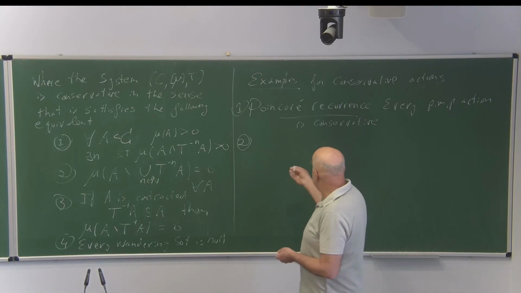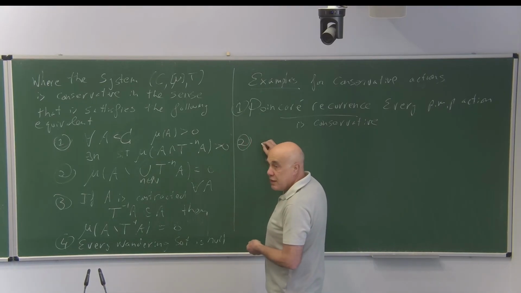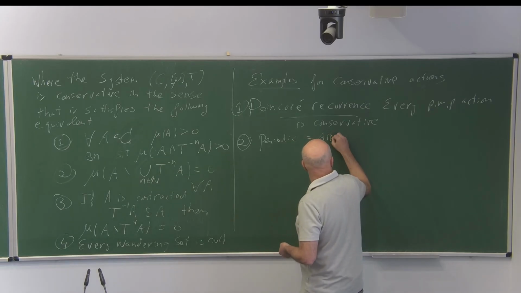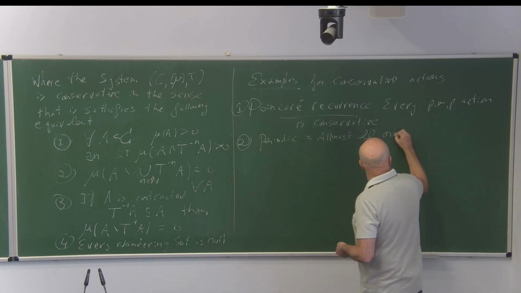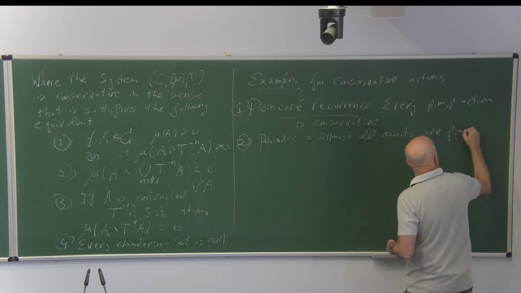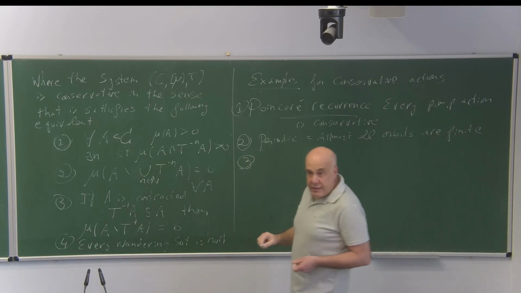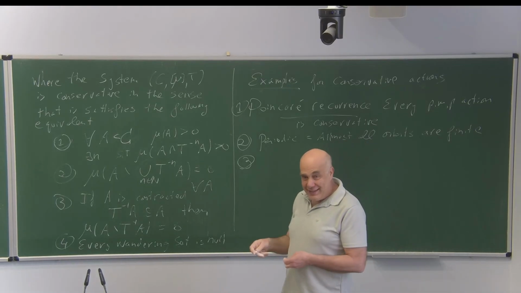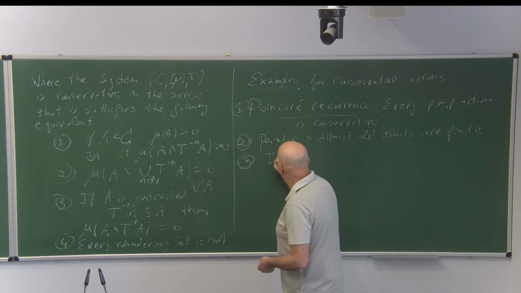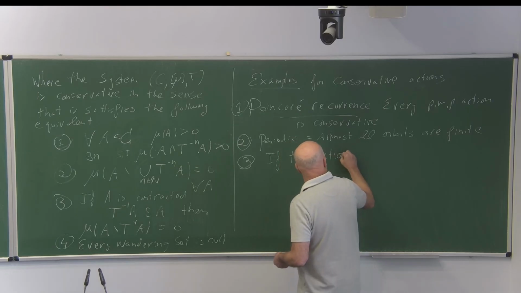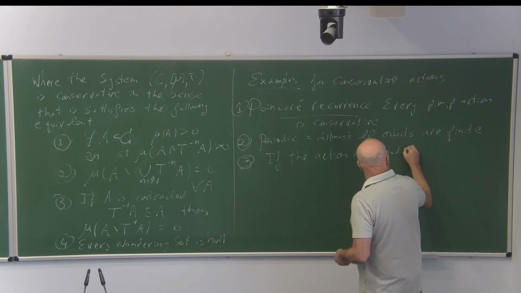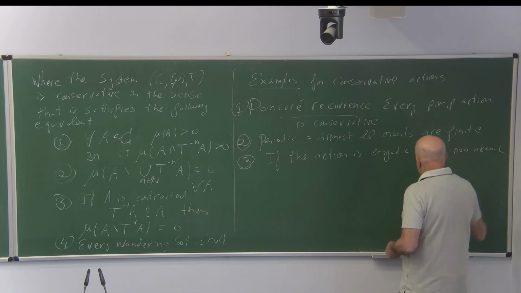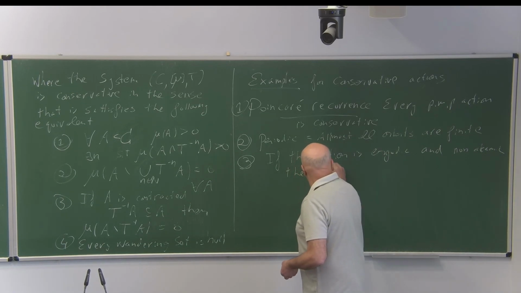Another setting which gives rise to conservativity is the periodic action: all orbits are finite, or almost all. And the third setting which implies conservativity is ergodicity. Well, except for one single counterexample: if the action is ergodic and the space is non-atomic, then it is conservative.